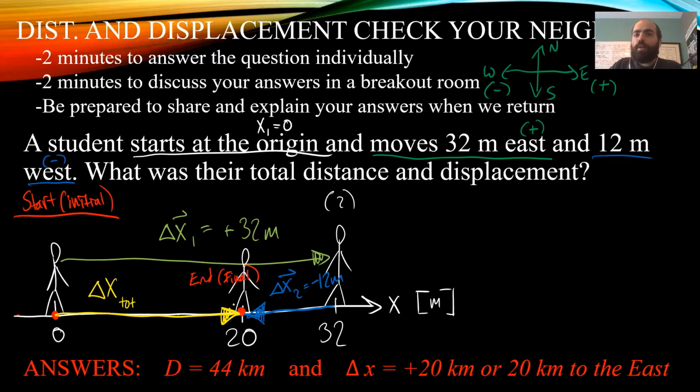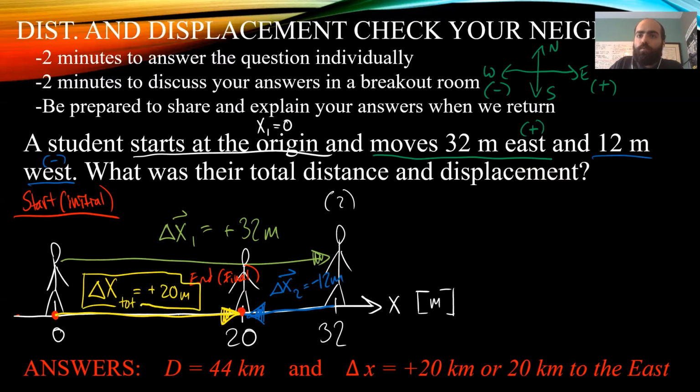And if you're just looking at the picture, you can find what this is because this vector points to the right, which means it's positive, and it has a magnitude of how much? It has a magnitude of 20 meters. So therefore, my total displacement is positive 20 meters.